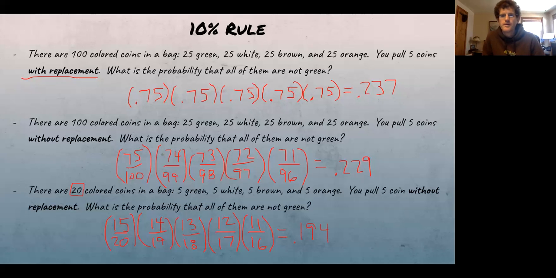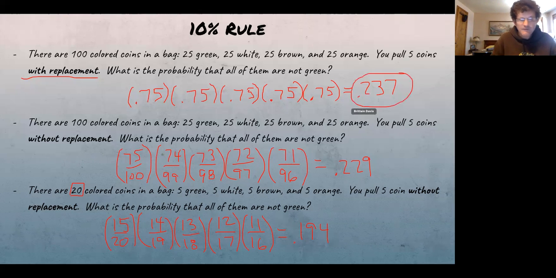Okay, so that's what I got. And again, spending a lot of time on this isn't super important right now. The main takeaway is that if there was replacement, then we'd have a 24% probability of this happening. When we do the same experiment without replacement, it drops to 23%. We lost about a percent in accuracy.